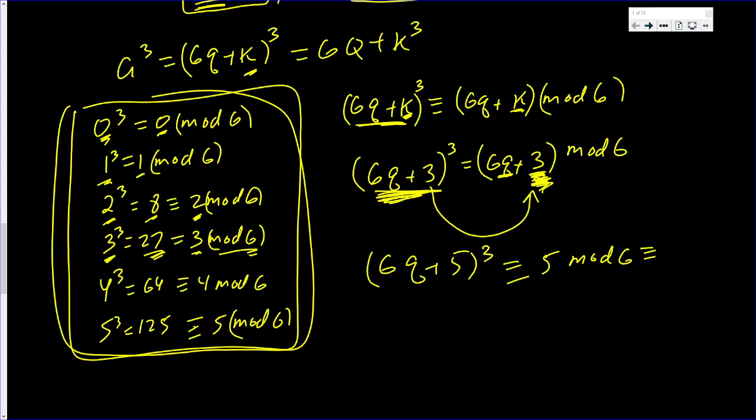But you know what? 5 mod 6 is congruent to any multiple of 6 plus 5 mod 6. And why did I pick that representative of a multiple of 6? Why didn't I say 6m or 6t? Because I wanted it to look like 6 cubed.